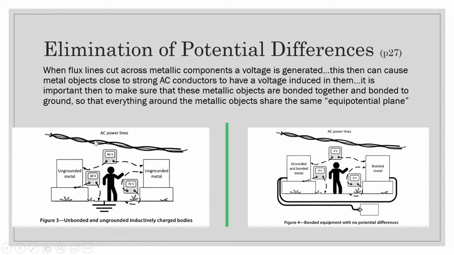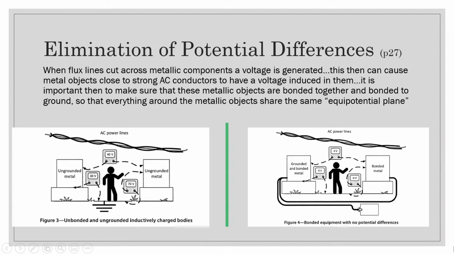So if this fella here is to reach and touch that metallic object and then that metallic object, they would experience a 40 volt shock. If they were to touch simply this object here and then be grounded, then they have the potential to be shocked with 70 volts.